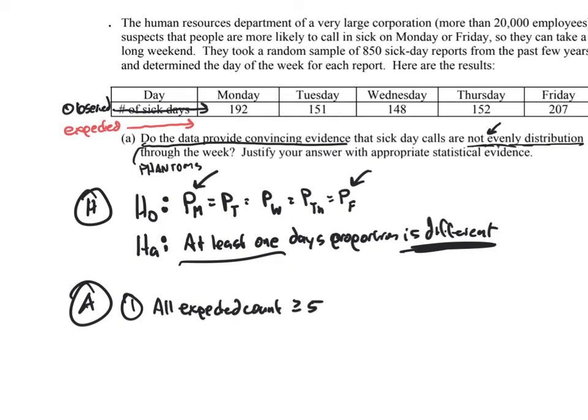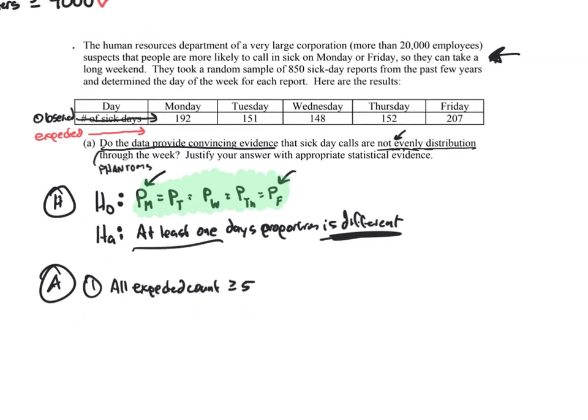So if we're going with this null hypothesis that they're all the same, essentially what we're going to do is take the 5 days of the week. There were 850 sick days, right? They just told us right here, 850 sick days divided by 5 days. So let's do that in my calculator. 850 divided by 5 days a week, 170.